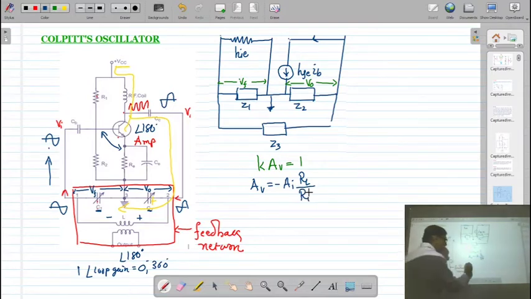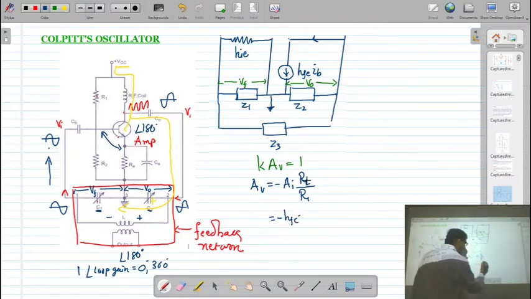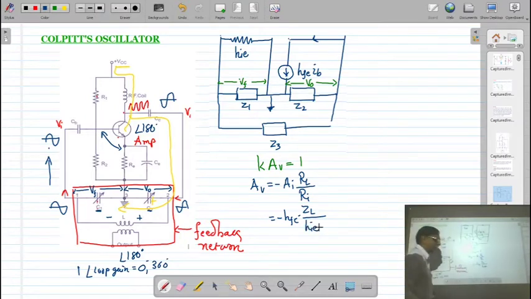For this, we write minus hfe, and now instead of RL we write an impedance ZL, divided by RI. So here the input impedance is hie.